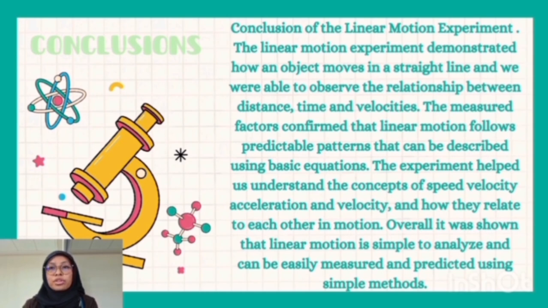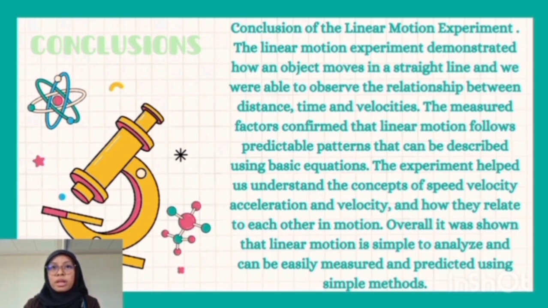Alright, for the conclusion, the linear motion experiment demonstrated how an object moves in a straight line, and we were able to observe the relationship between distance, time, and velocity. The measured values confirm that linear motion can be described using basic equations.